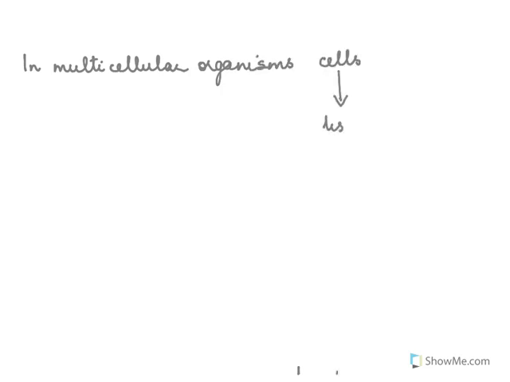The cells then group together to form tissues. Thus we see in multicellular organisms there is a division of labor. Different groups of cells perform different functions. These groups of cells have a common origin. They have similar structure and similar functions, and this is a tissue.